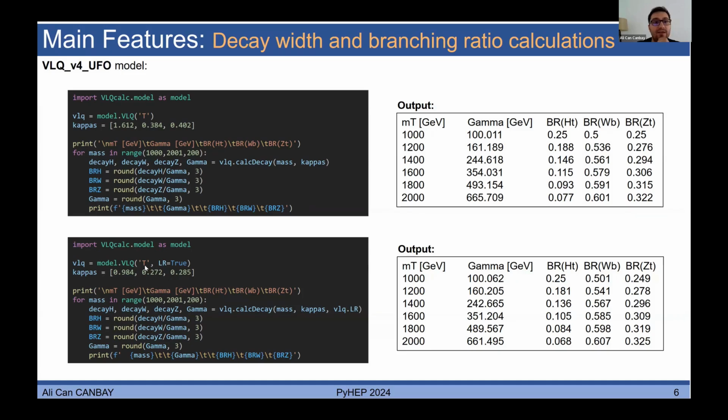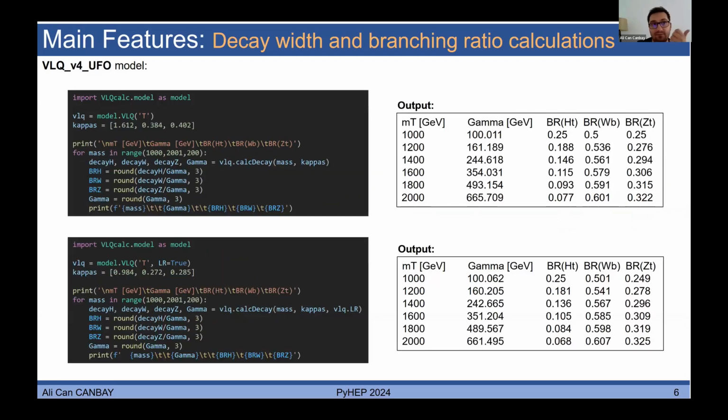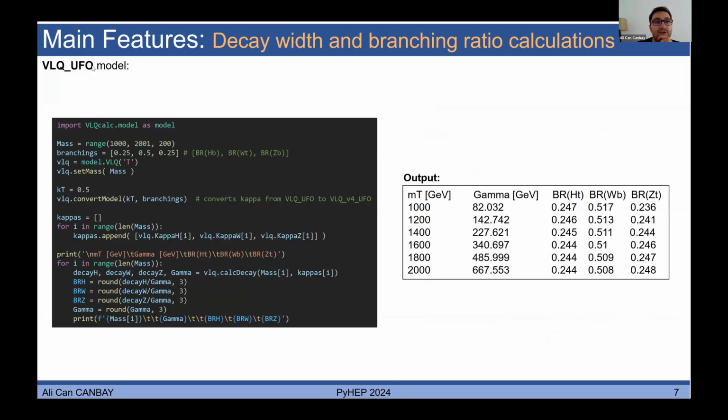And this one is a vector-like T quark with the left-right parameter true. And the results are here. This calc decay method is used for the VLQ V4 UFO model, but you can use it for the VLQ UFO model after the model conversion. And this is an example of it.